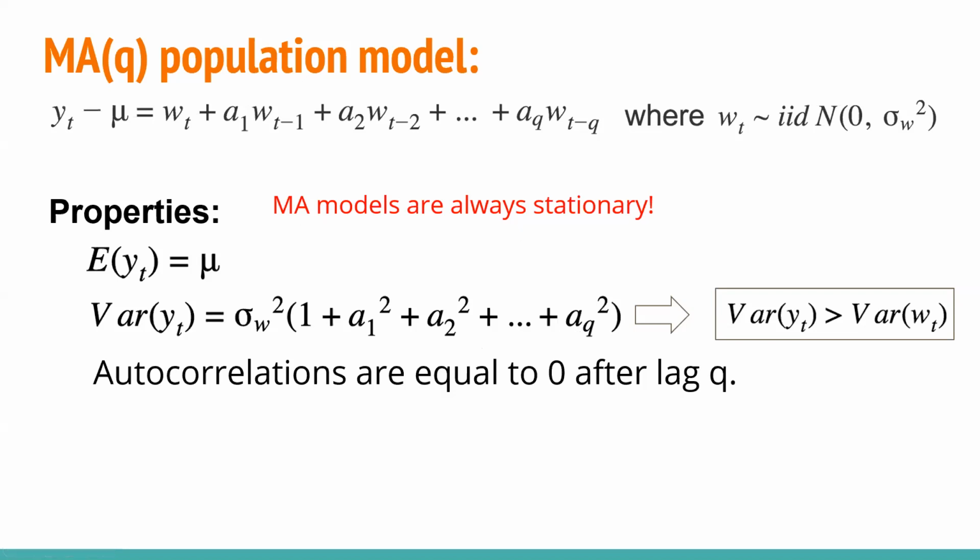But if you look at what we did in AR models, you're actually going to see that we have a denominator, and when the denominator of a fraction is 0, that fraction will be undefined. That is the reason why, mathematically speaking, stationarity is required in autoregressive models, but in the case of moving average models, it is always stationary, because when you look at the mathematical architecture, it is defined for all real numbers.